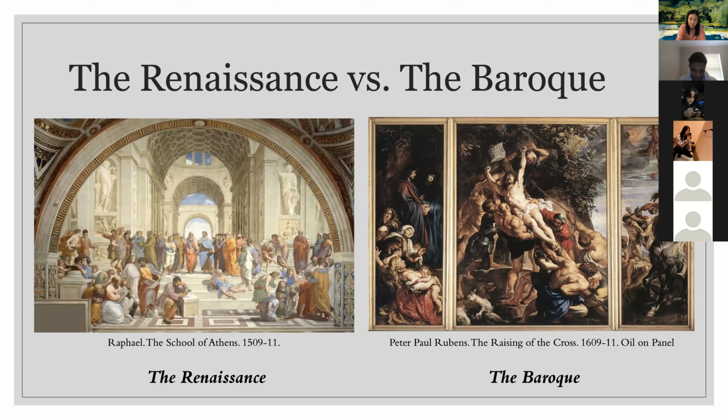On the other hand, Rubens' painting is focused on the subject, not really following the perspective rule, and it shows deep contrast with bright highlight and very dark shadow. Also, the movement is so dramatic and the whole painting mood is very emotional.